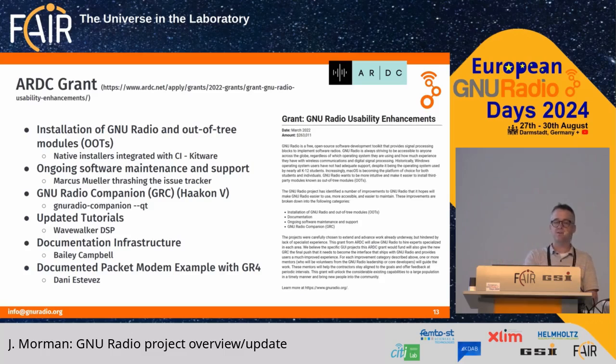So that's the goal of making these installation packages of GNU Radio and out-of-tree modules for both Windows and Mac. That work is wrapping up, and we hope to have an announcement soon, so you can just go to GNURadio.org, download the installation packages, double-click on them, and install GNU Radio that way.